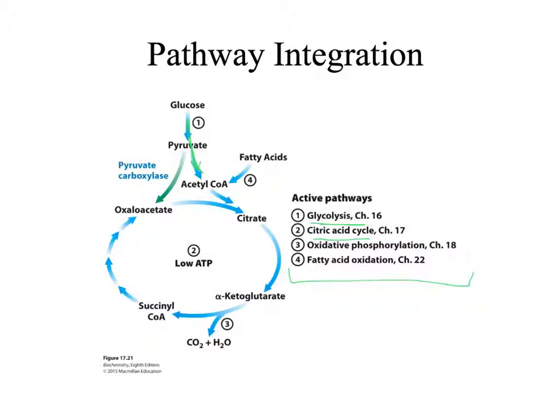The citric acid cycle can continue to regenerate substances that will continue to create these intermediates. We also have oxidative phosphorylation and fatty acid oxidation, which will come in and help regenerate these intermediates so we can continue this process.